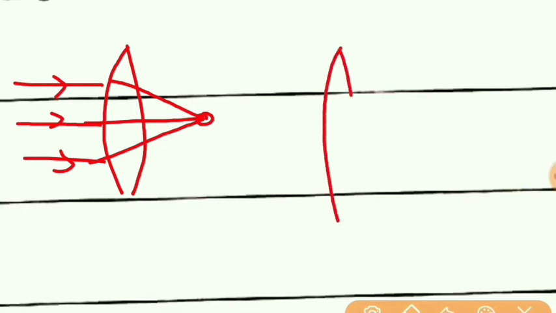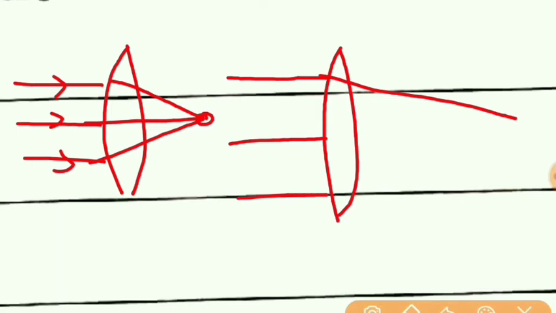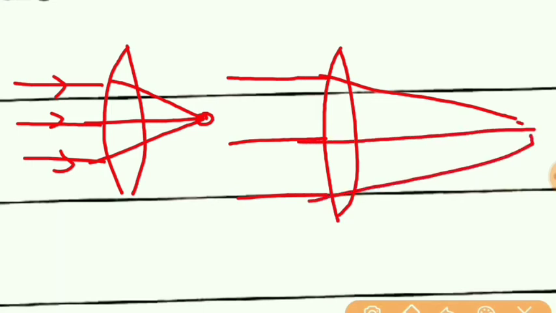If it diverges the rays more, then it has more power. Suppose there is another lens, and when parallel rays are incident on it, the diverging power is less. If the diverging power is less, then its power is also less.